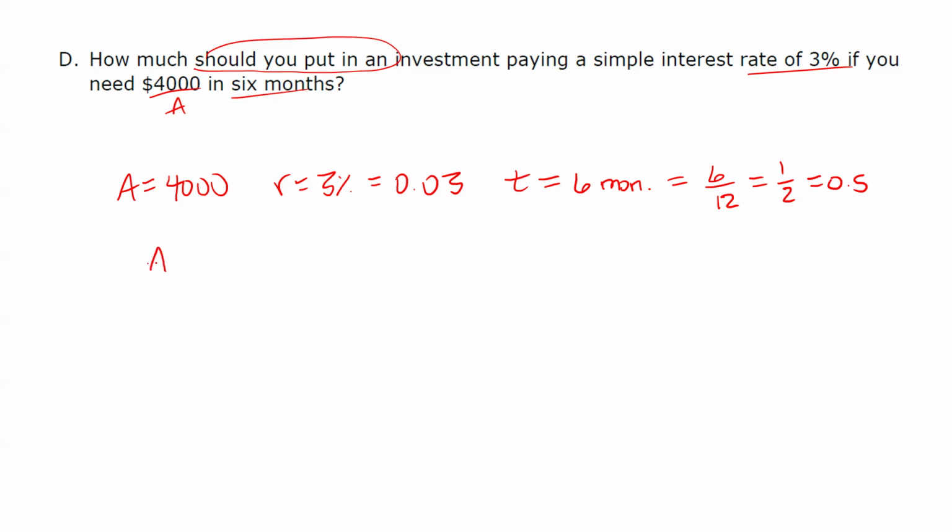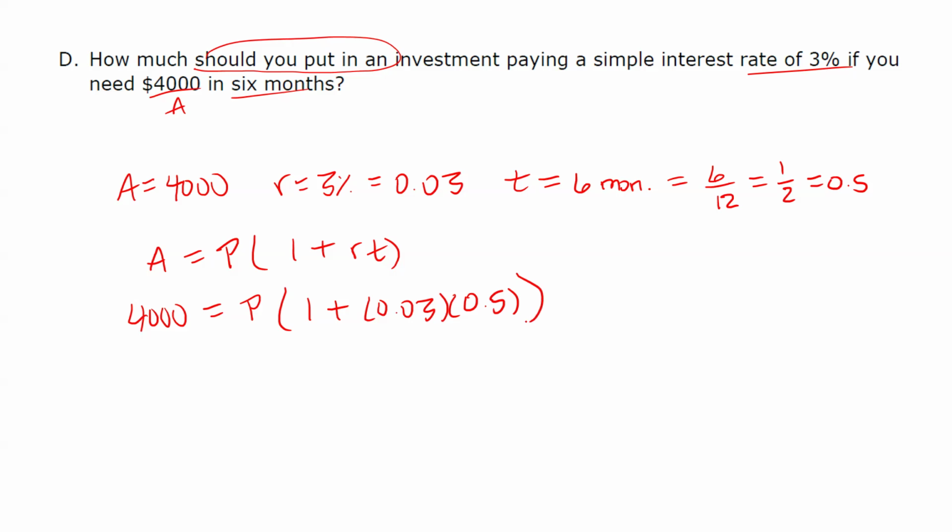So we have our formula. A equals P times 1 plus RT. Let's substitute in the values that we know. 4,000 equals P times 1 plus 0.03 times 0.5.